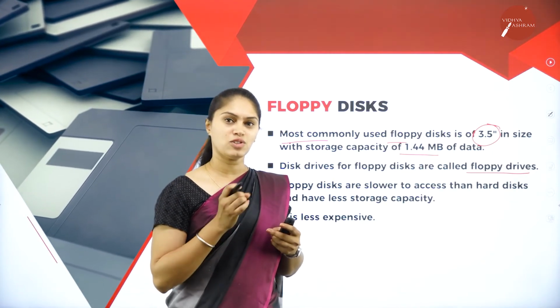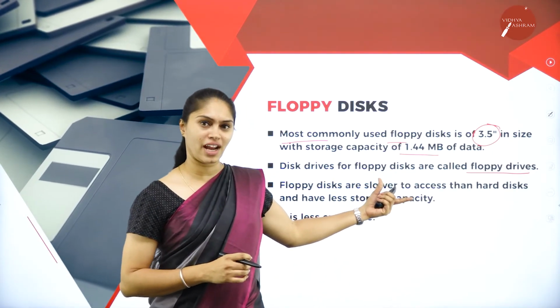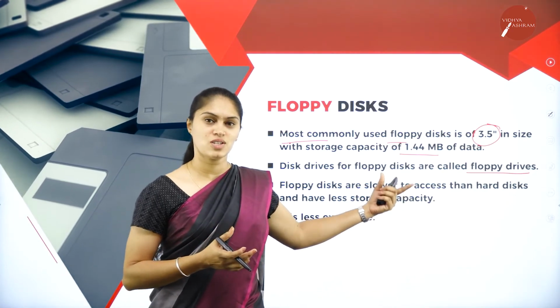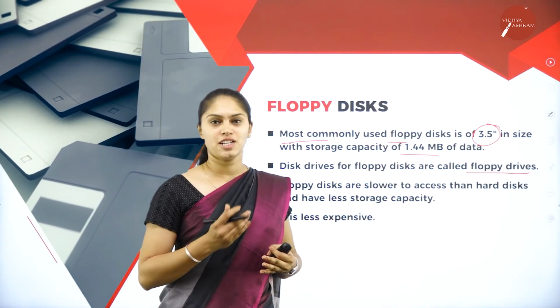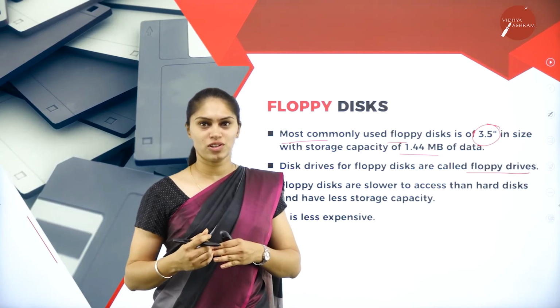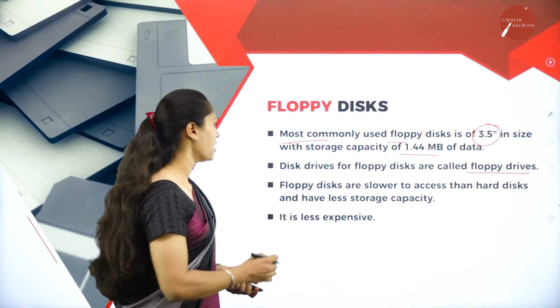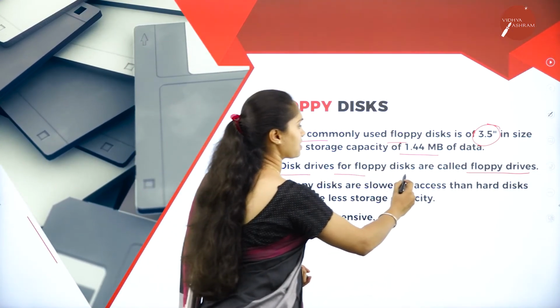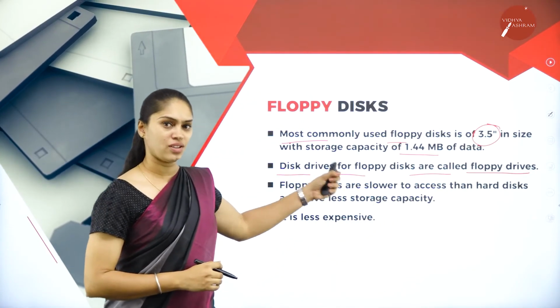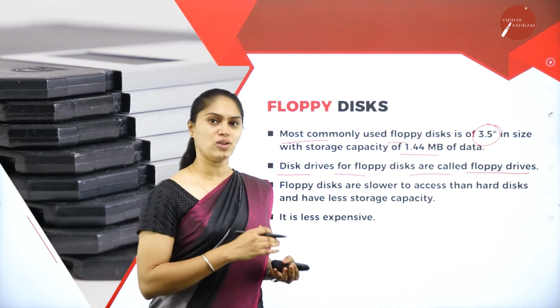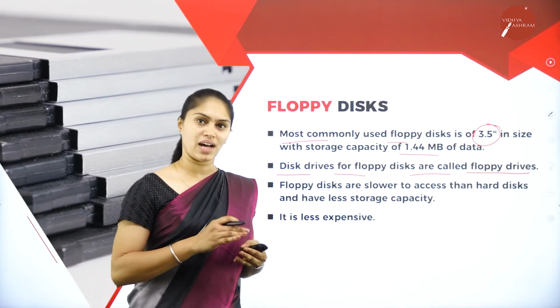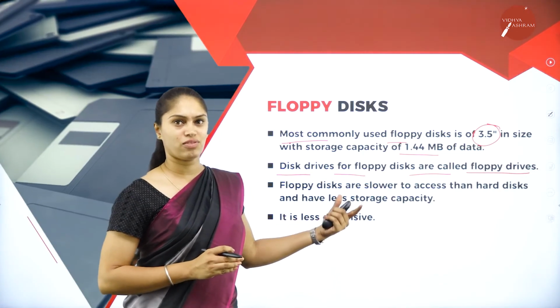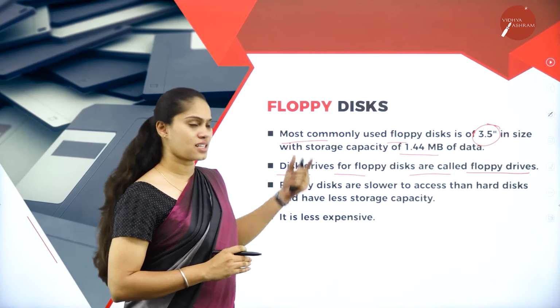To store 1.44 MB of data is of no use. So floppy disks are nowadays not so useful and we are not using them, right? The disk drives for the floppy disk are called floppy drives. These floppy drives provide an interface or pathway to access the data and information located on the floppy disk.